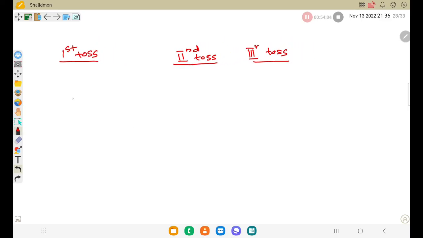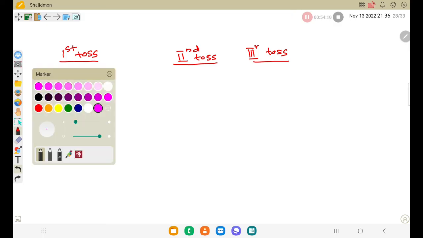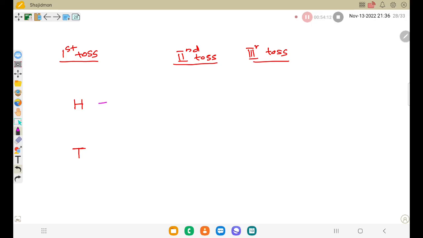For the first toss, what options do we get? Either head or tail, correct? Now if the first is head, what are the possibilities for the second? Each outcome has 2 possibilities, either head or tail. Now if the first is tail, what are the second possibilities? Either head or tail, correct?